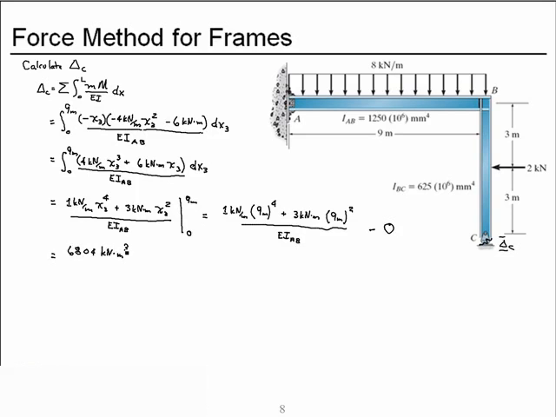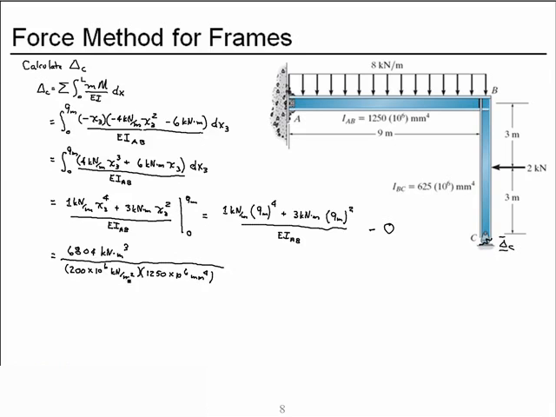kilonewton meters cubed, and our modulus of elasticity, 200 gigapascals, can be rewritten as 200 times 10 to the 6th kilonewtons per meter squared. Our moment of inertia for member AB is 1,250 times 10 to the 6th millimeters to the 4th. All of that in the denominator.